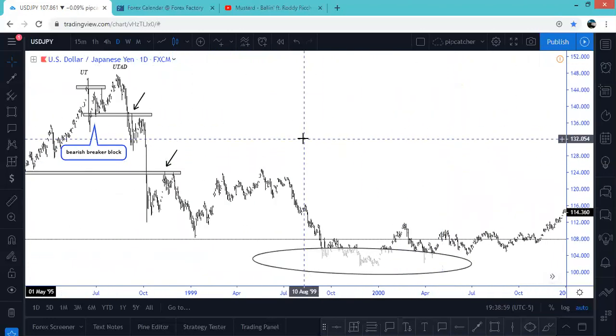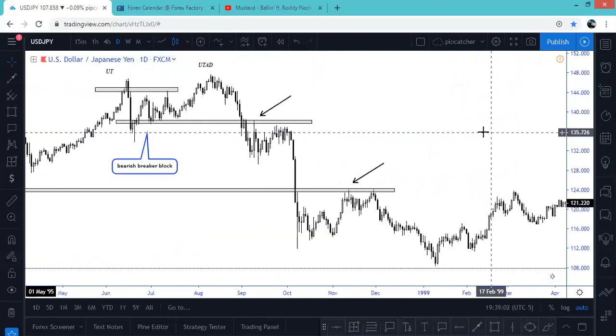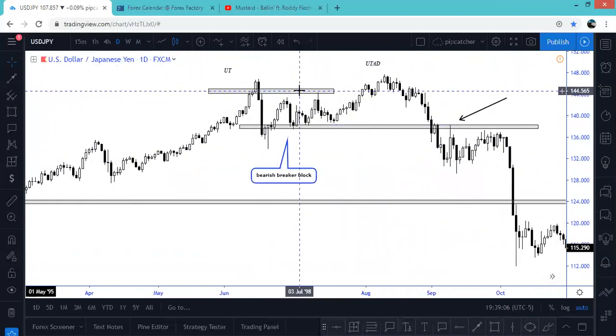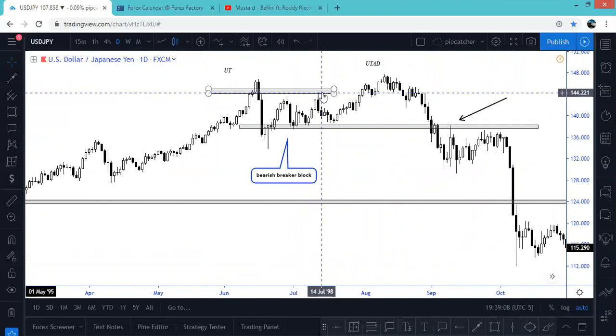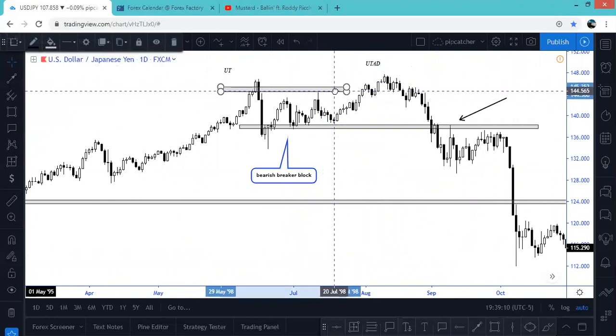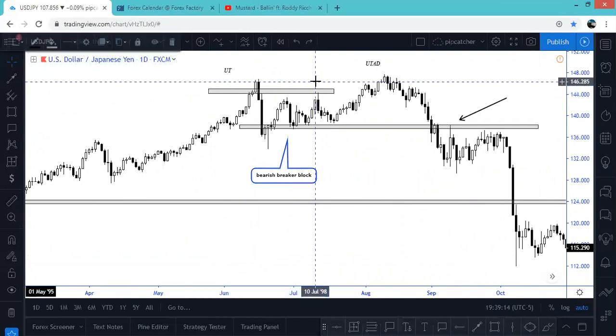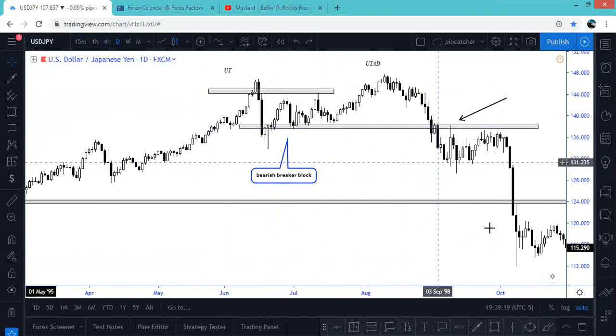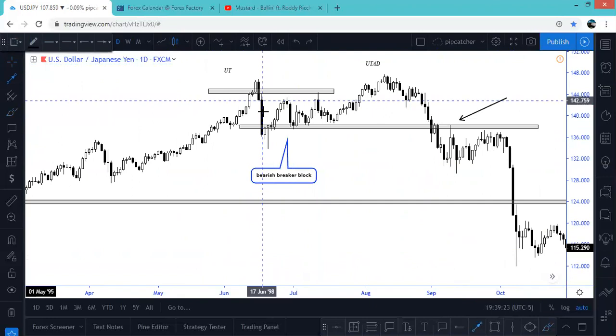Okay, so right here we're in this area. Now what do we see? First thing you can see is this engulfing down candle right here, and then slippage.